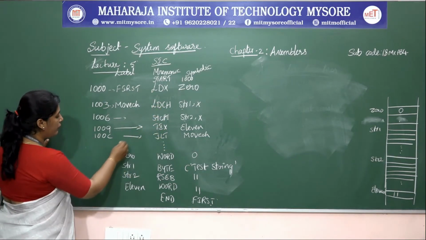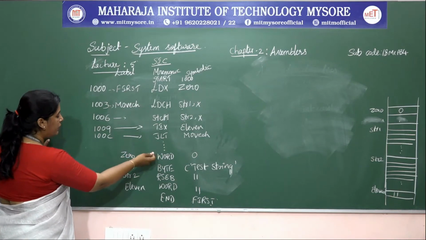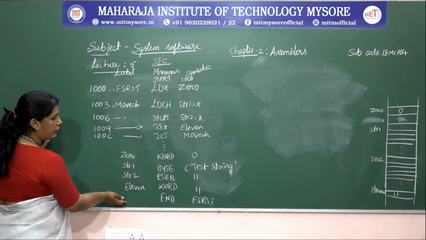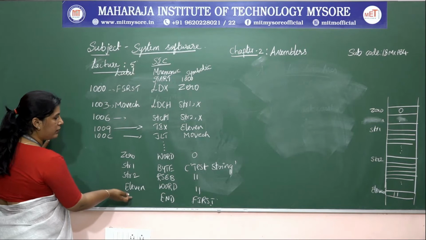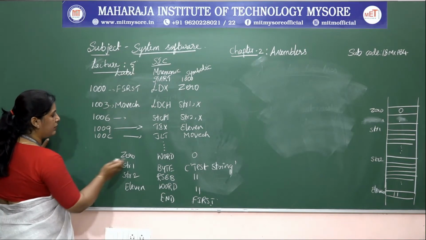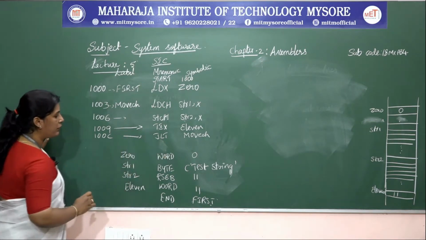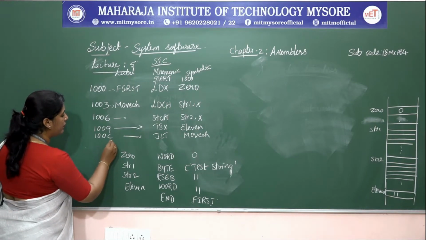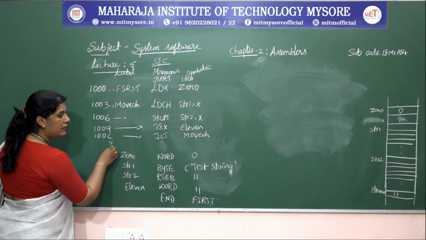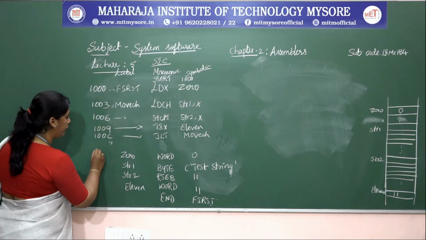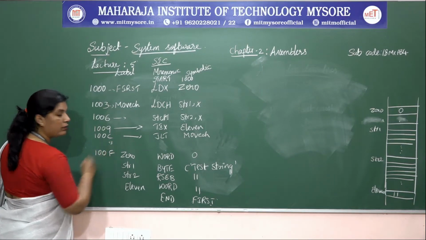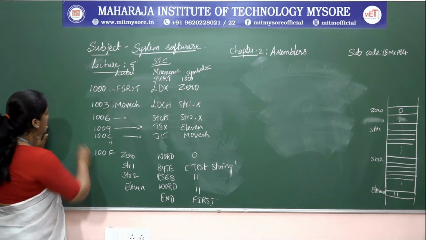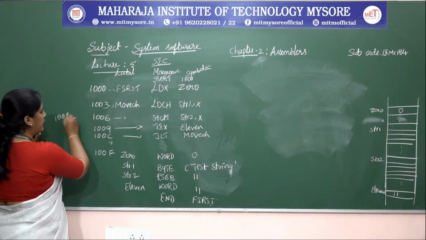Subsequently, there are the following data items. If there is no gap between them, we continue in a similar way: 12 plus 3 is 15, and 15 is F, so 100F.